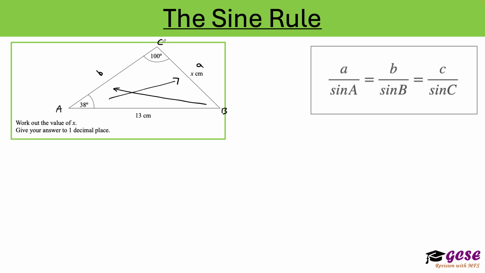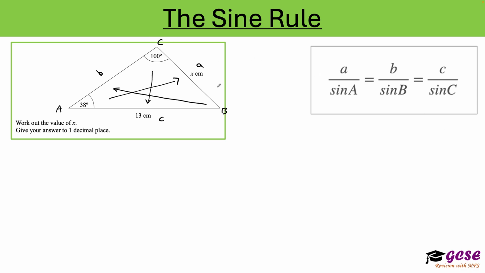And if we've labeled this capital C, the side which is opposite it is going to be labeled lowercase c, just like that. Now, as you can see from the formula, we have lowercase letters and we have uppercase letters. There are three fractions in this formula: a over sine A, b over sine B, and c over sine C. But we only need two of those fractions.